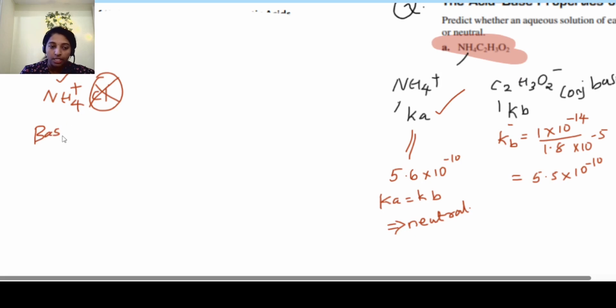Sorry, NH4 plus is acidic character, so definitely it is an acidic salt. Like that, if neutral ions are there, you can just ignore that one and consider the other property. If both are not neutral, then you have to compare the Ka and Kb. If both are neutral, then the salt as a whole is also neutral. So that's all about this one.